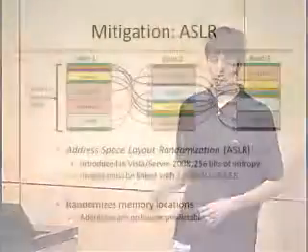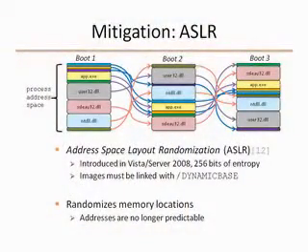So the big question is, what if we were to make the address space unpredictable? What effect would that have on all these exploitation techniques? This is where we come to the mitigation of ASLR. ASLR stands for Address Space Layout Randomization. What this does is randomize where things live in the address space, such that if you sat two Vista machines side by side, the location of VirtualProtect would be different between the two of them.